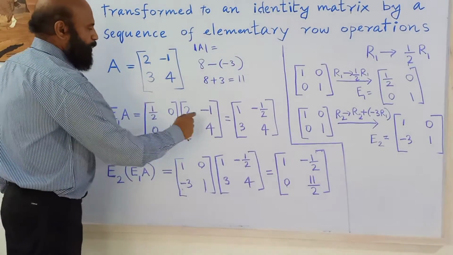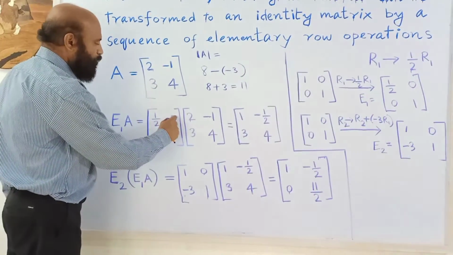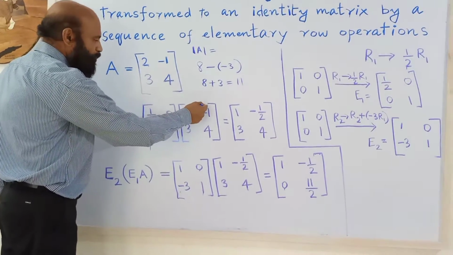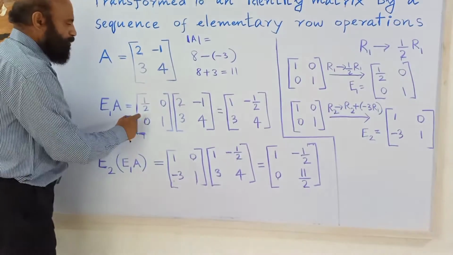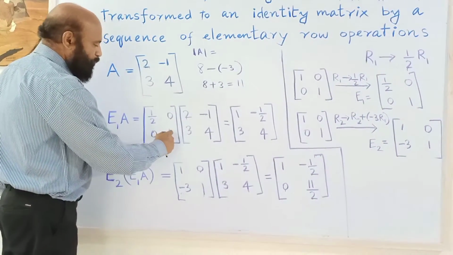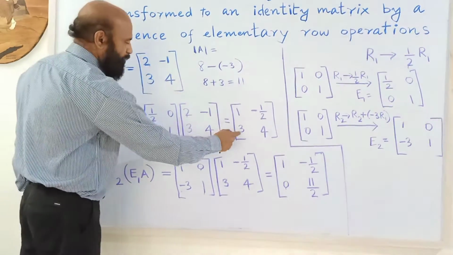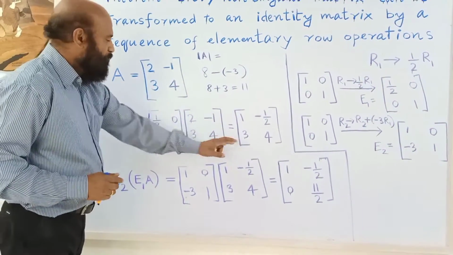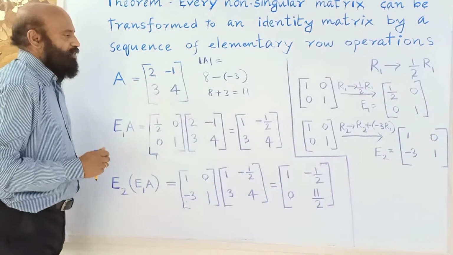So it will be 1. Next elements of this row, you multiply by the elements of this column and add. So you will get this. Similarly, multiply these two matrices by multiplying the corresponding row with the corresponding columns and adding. You will get like this. After multiplying these two matrices, you will get like this.